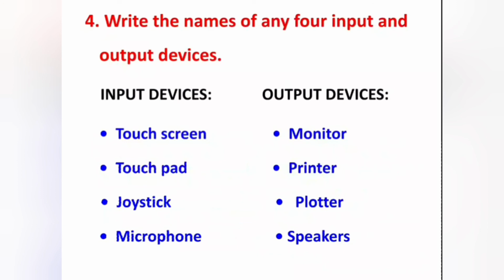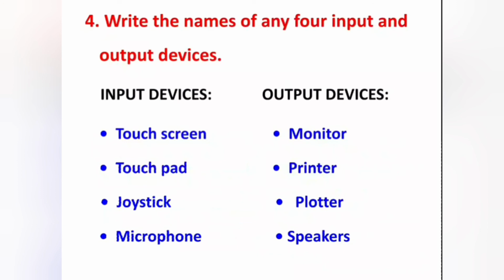So many input devices are there, so you have to write any 4. And output devices, that is also the same. Many output devices are there, you have to write any 4. I have given monitor, printer, plotter, speakers.